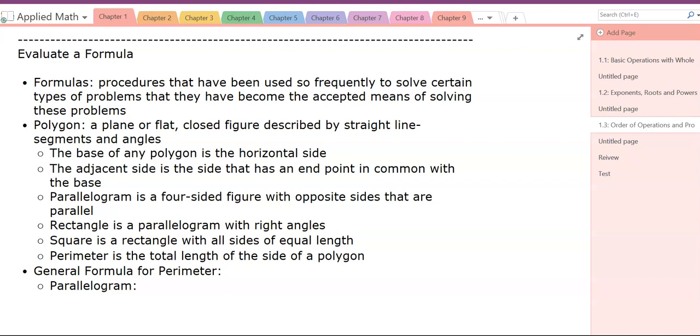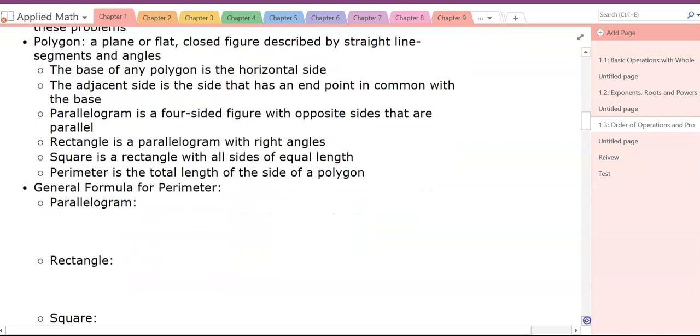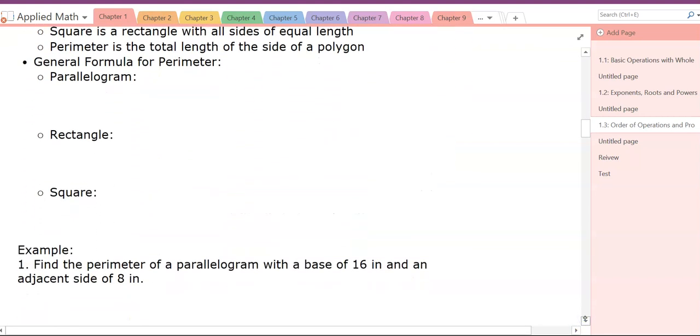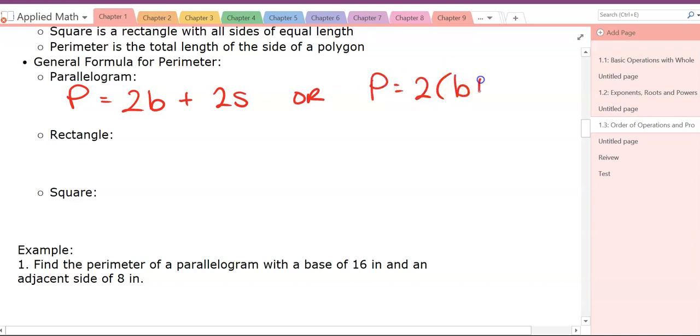So I'm going to get into some general formulas for different shapes, talking with both perimeter, and we will get into area as well. So we're going to start first with perimeter. For a parallelogram, to find perimeter, you would take 2 times the base plus 2 times the side, or you could take 2 times the base plus the side.